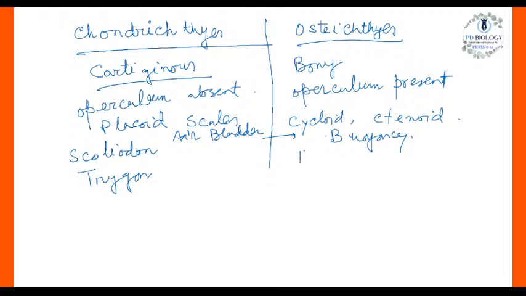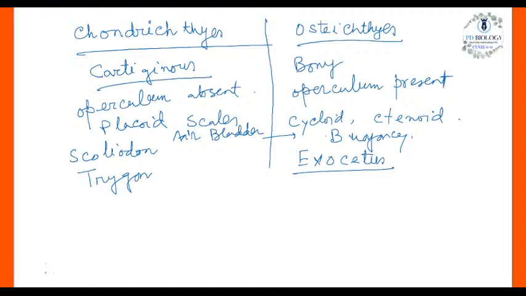The marine Osteichthyes, that is Exocoetus. What is the common name of Exocoetus? Yes, flying fish. Very good. Hippocampus, the seahorse, that is a marine fish. So seahorse is under Osteichthyes. Very important to remember.